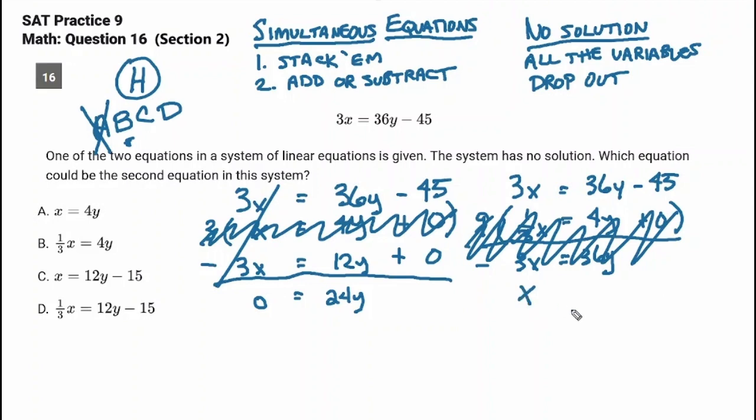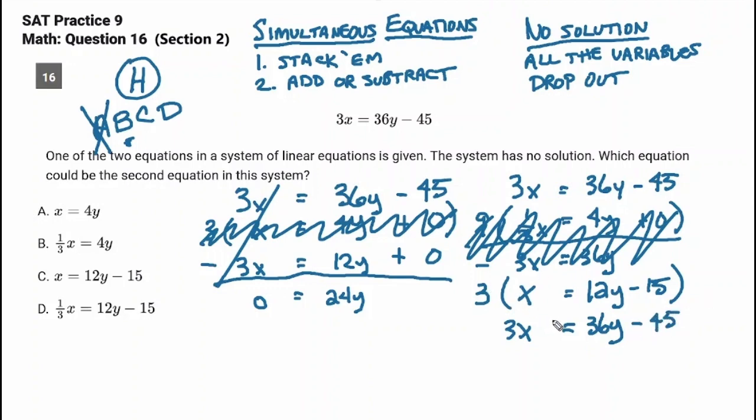I'm going to get rid of all of this, and I'm going to do C now. X equals 12y minus 15. All right, same deal. I can't add or subtract, so I'm going to multiply this one by 3. So it's 3x equals 3 times 12, 36y, and then 3 times negative 15 is negative 45.